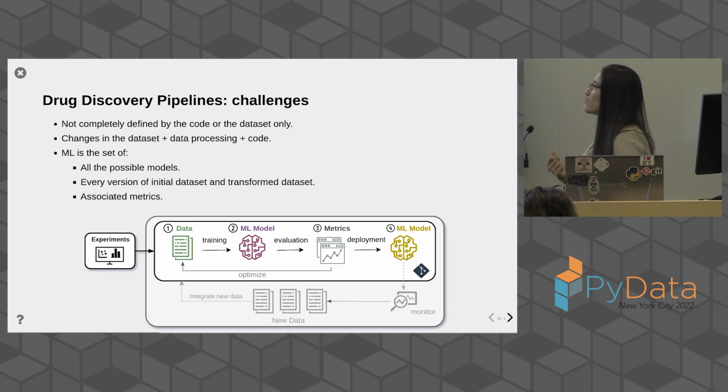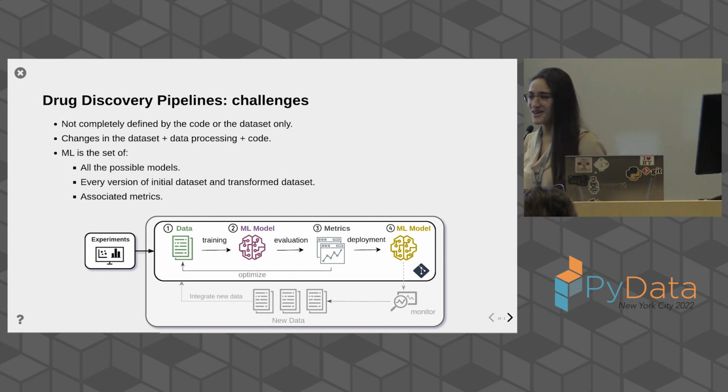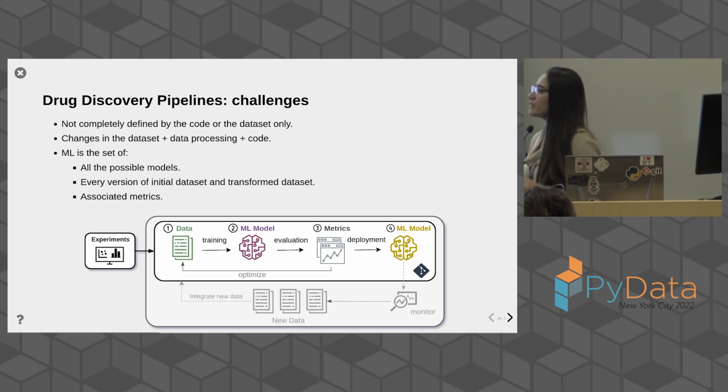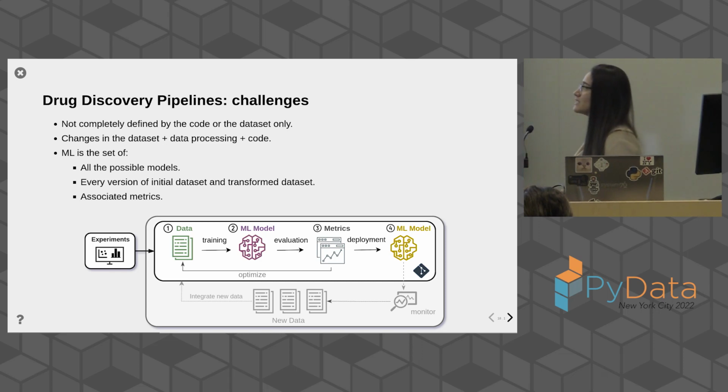In machine learning, we are dealing not only with the complexity of the data, which is very, very complex, but also with the complexity of the pipeline itself. Because a machine learning pipeline in drug discovery is this combination of my initial data, the curated data, the ML model that I'm creating, the metrics, and then the new AlphaFold data that I need to put in to create a new model and avoid getting obsolete.